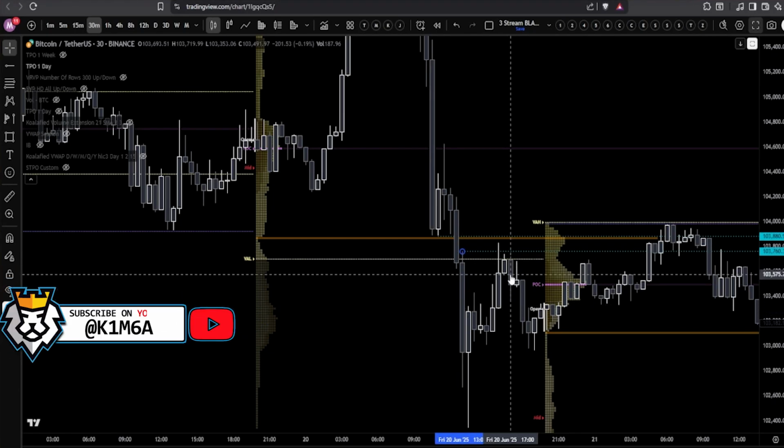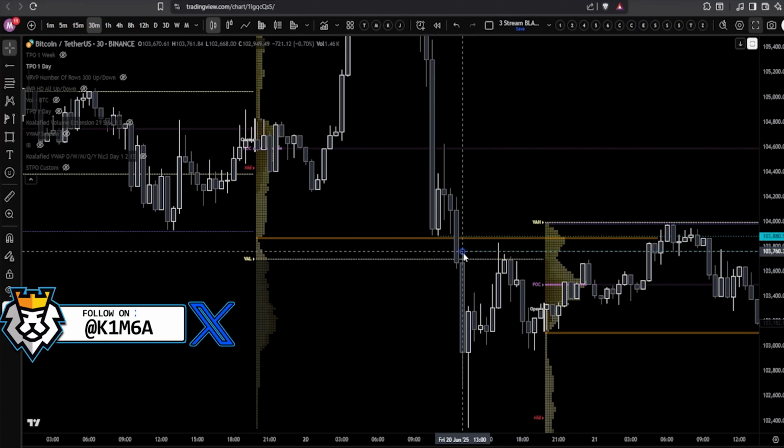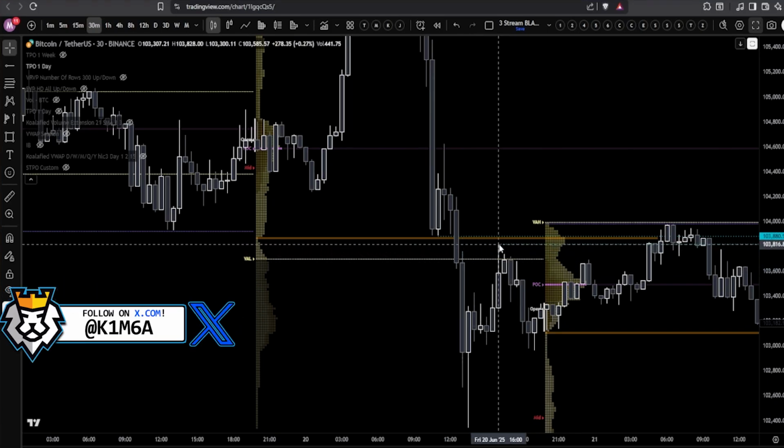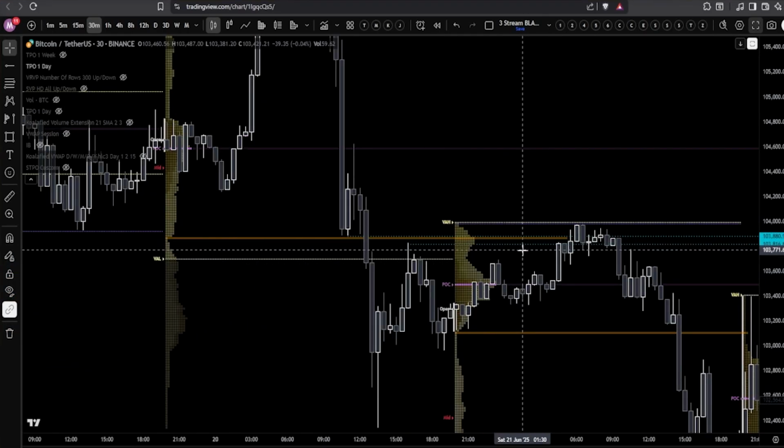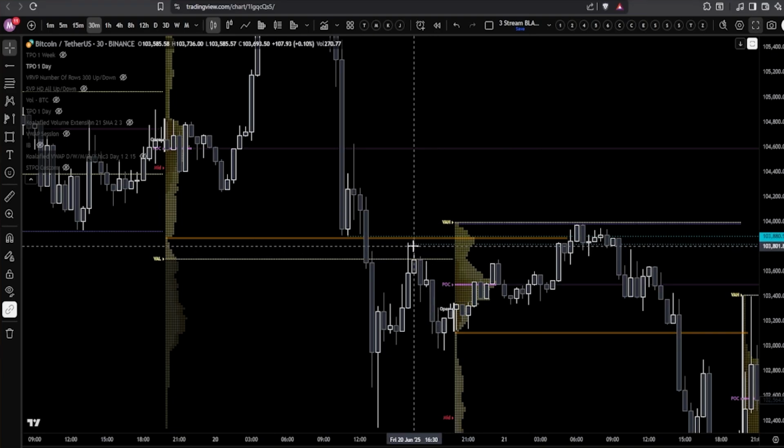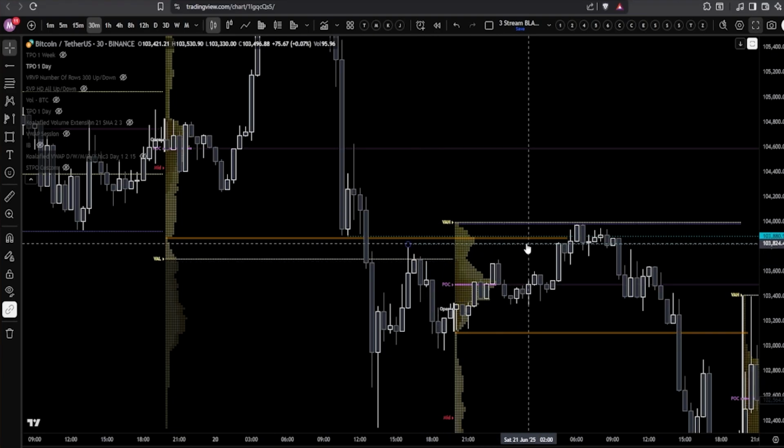Now you have a higher probability of it holding if it's in the same session. If that happens in a subsequent session altogether, there is an even higher probability of it filling completely once it begins to be tested.